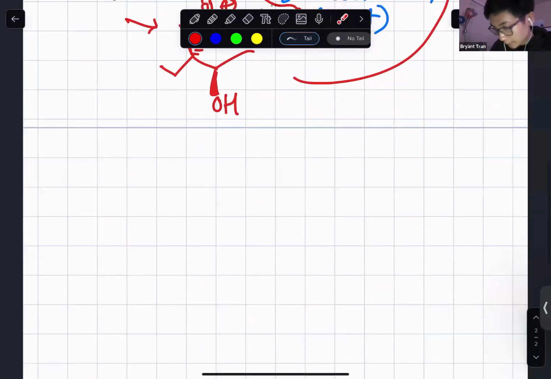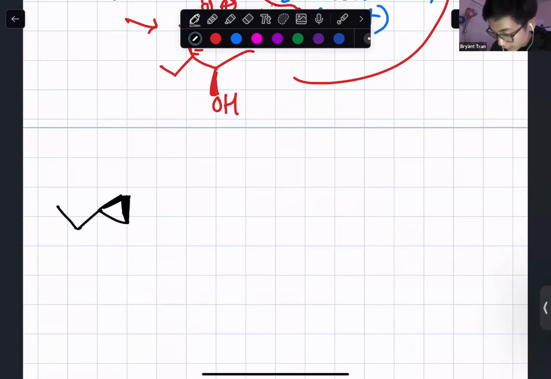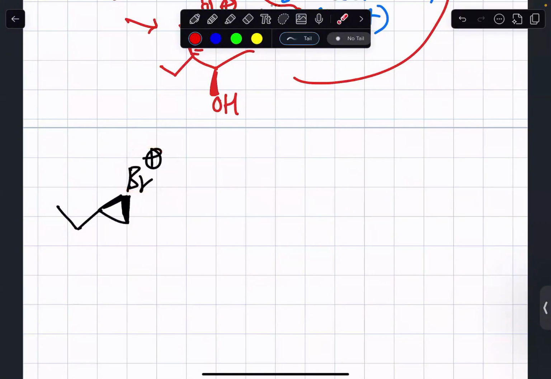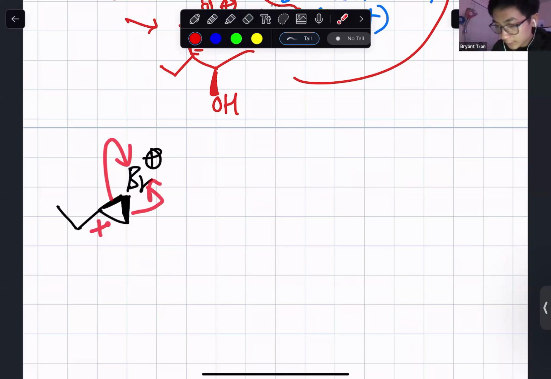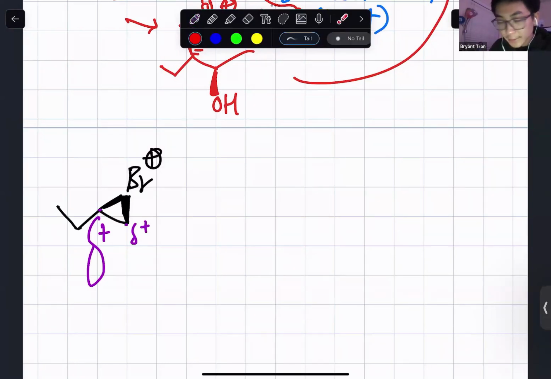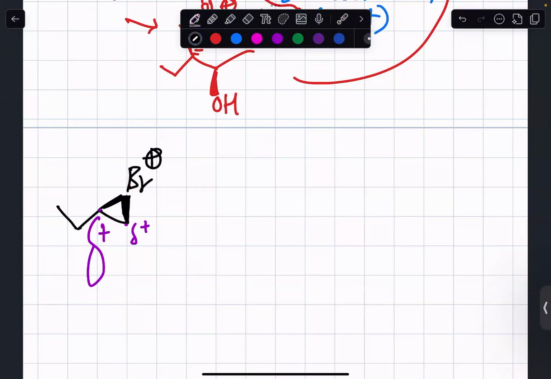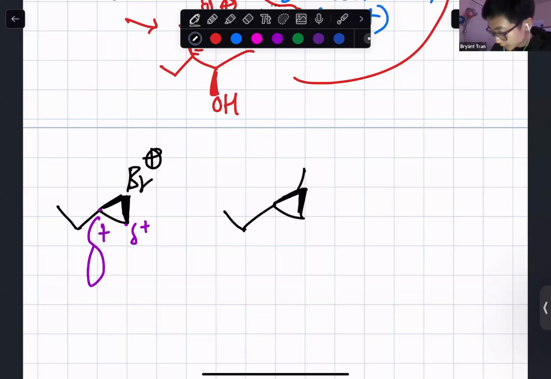Whenever you see Br2 with water or alcohol, you're gonna get this bromonium ion ring right here, which is why when you see this positively charged three-membered ring, think of acidic conditions, because we could either kick off the leaving group this way or this way, and we know that the positive charge is bigger at the more substituted position because it's more stable there, which is why any nucleophile like alcohol or water would prefer to attack the more substituted side when we have a positively charged three-membered ring like that. It doesn't have to be that bromonium ion ring. It could also be this mercuric ion for oxymercuration-demercuration, which is why it's a Markovnikov reaction.